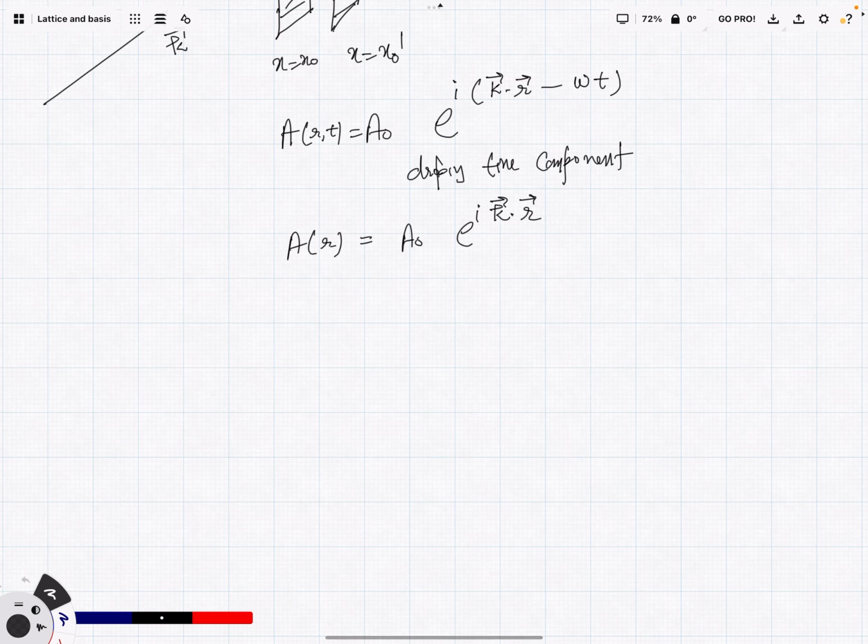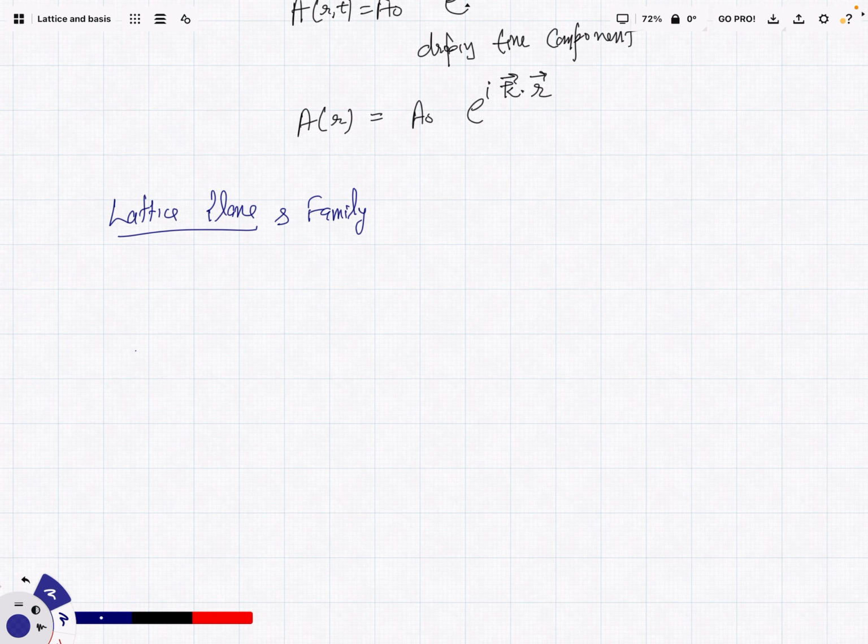Lattice planes and family. One thing you should notice, whenever I'm saying lattice, right?